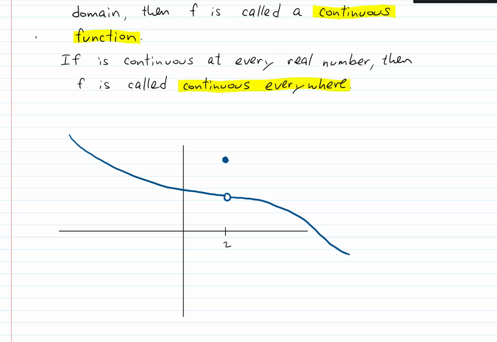Now I want you to notice something. That function is continuous everywhere except at x equals 2. But it is not continuous at x equals 2. If I asked you, why is f not continuous at x equals 2?